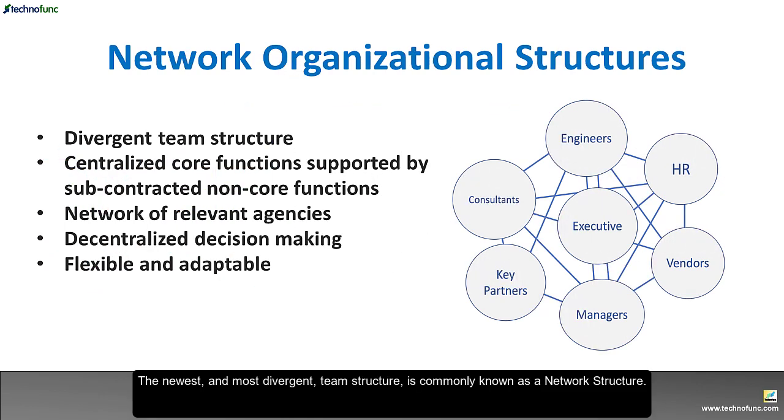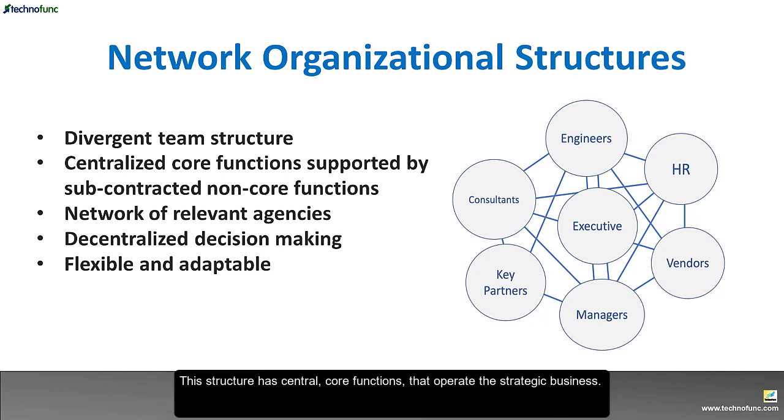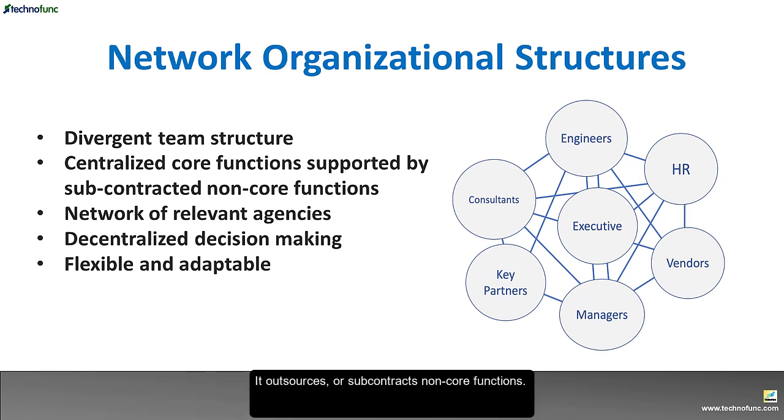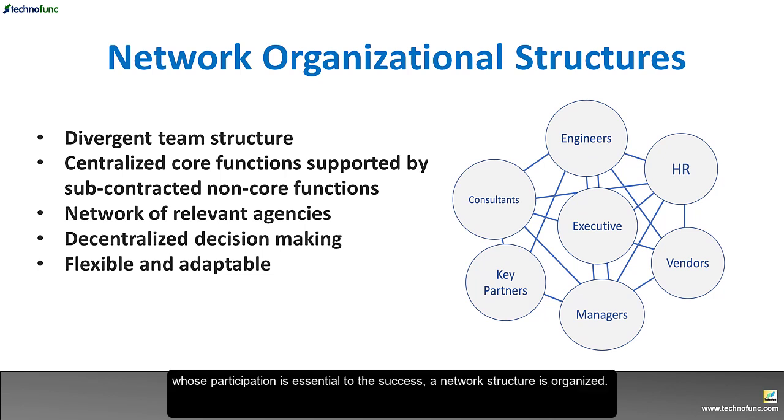The newest and most divergent team structure is commonly known as a network structure, also sometimes referred to as lean structure. This structure has central, core functions that operate the strategic business. It outsources or subcontracts non-core functions. When an organization needs to control other organizations or agencies whose participation is essential to the success, a network structure is organized.